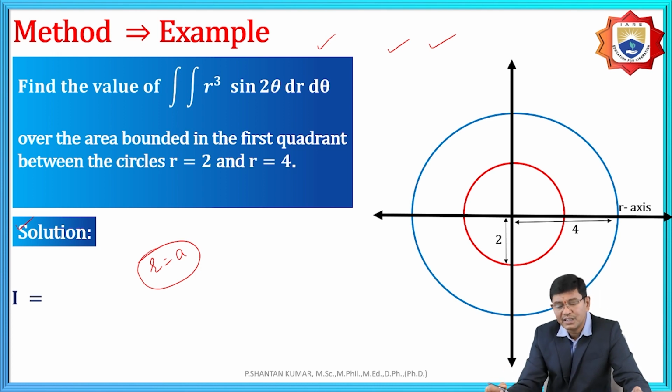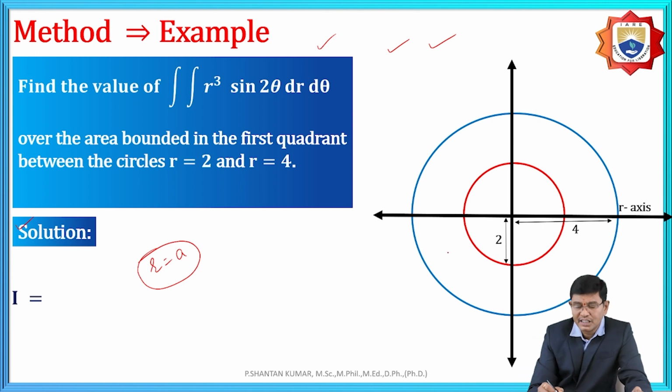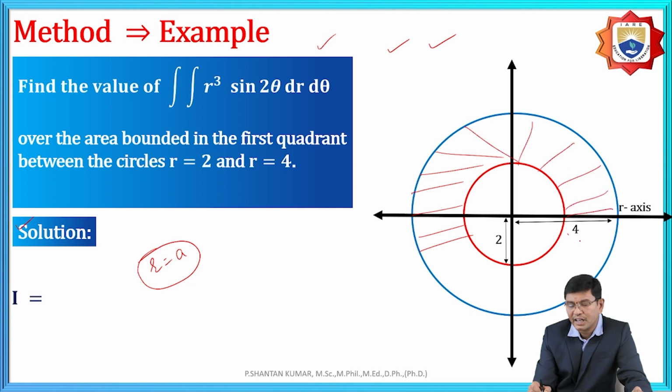While we are observing this one, we need to understand properly where the region is bounded. Here, actually the bounded region is in between r is equal to 2, the inner, and r is equal to 4, the outer. Therefore, this is the totally bounded region. And clearly by observing this, it is totally bounded.